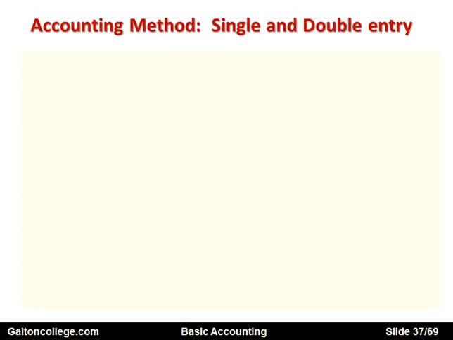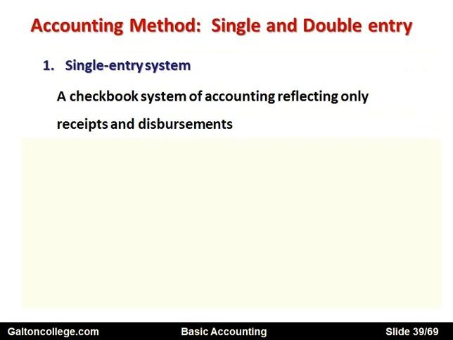Now we've also got something called single and double entry, which we need to just briefly look at. Single entry systems, well, a checkbook system of accounting reflecting only receipts and disbursements. So a checkbook system would be single entry. Let's say we have a single book, we buy raw material and we pay for it.